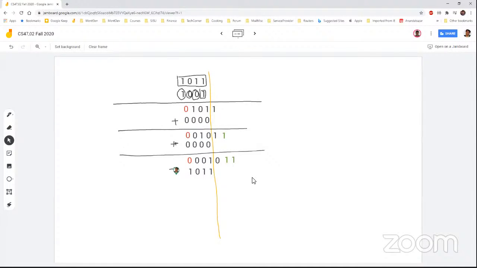We add them and get a result: 1 plus 1 is 0, carry forward 1, 1 plus 1 is 0, carry forward 1. And we already have the finalized result bits, which are 0, 1, 1.